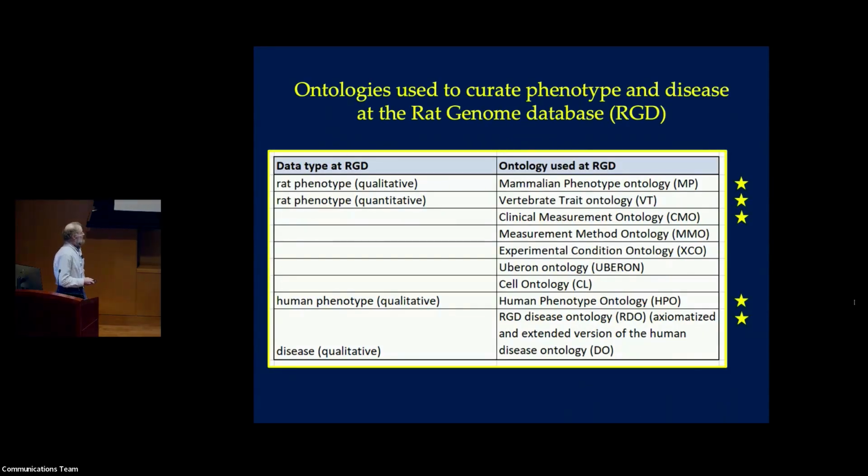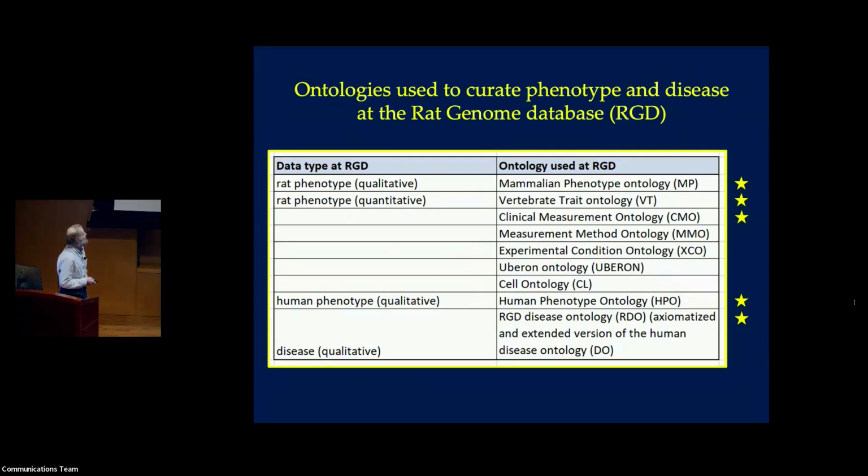Okay, so this is a list of the various ontologies we use for disease and phenotype at RGD, depending upon what type of data it is. So on the top line, that's qualitative rat data, rat phenotype data, and we use the mammalian phenotype ontology, MP.